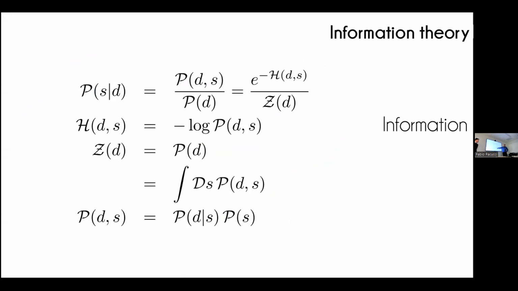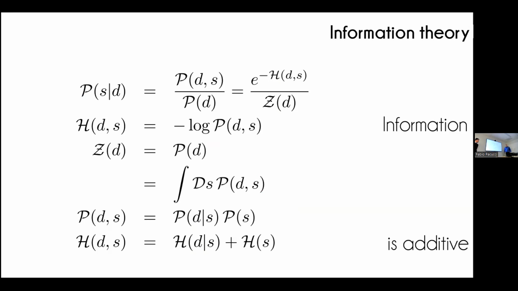And if I translate this simple product rule of probability theory into this logarithmic coordinate system, see what happens. The logarithm turns the product into a plus. And now we see, if you call this quantity information, that information is additive. I have the information a priori plus the information of my data.